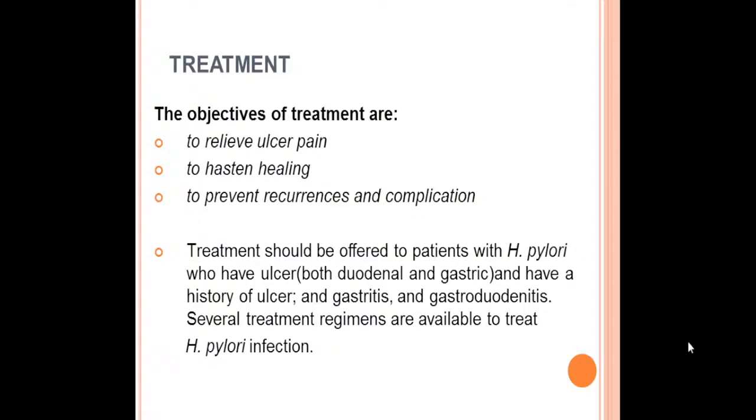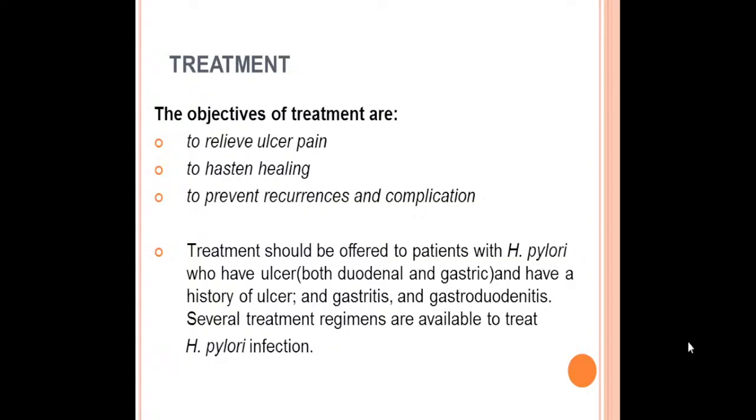Several treatment regimens are available to treat Helicobacter pylori infection. In peptic ulcer, gastritis and gastroduodenitis, in more than 95% it is Helicobacter pylori infection. Treatment is recommended to begin after all three are diagnosed.